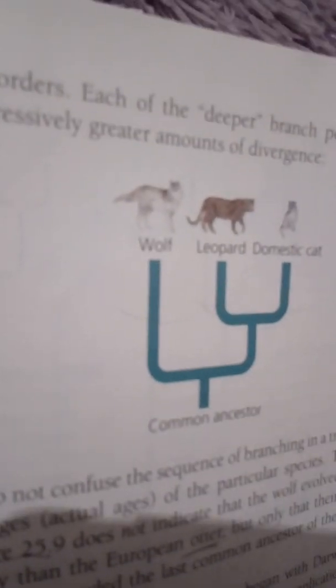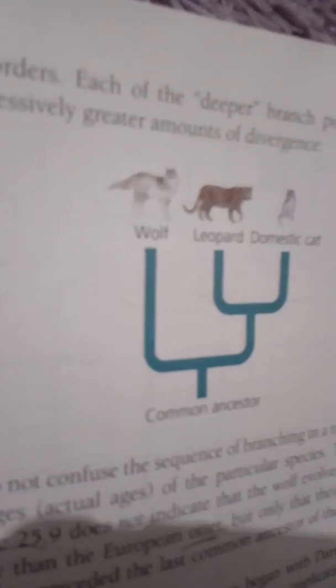Do not confuse the sequence of branching in a tree with the actual ages of the particular species. The tree in this figure does not indicate that the wolf evolved more recently than the European otter, but only that their common ancestor preceded the last common ancestor of the wolf and the domestic dog.